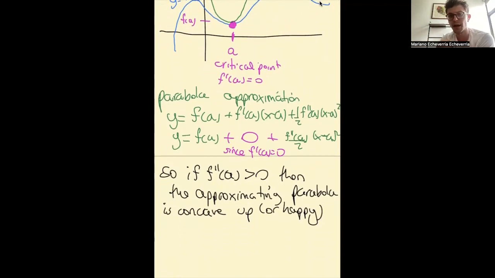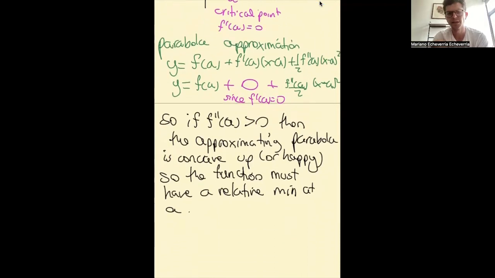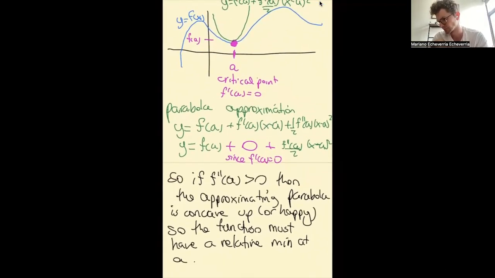And so f of a, the function, must have a relative min at a. Is that making sense? Is that okay?